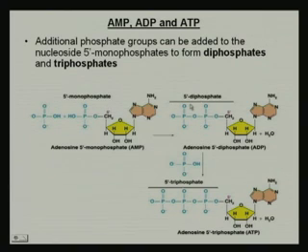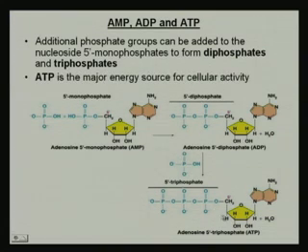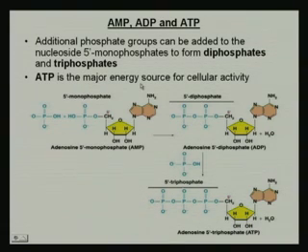To this diphosphate, when we incorporate another phosphate group, it forms adenosine triphosphate or ATP molecule. And as we have already learned, ATP is the major energy source for all cellular activities.